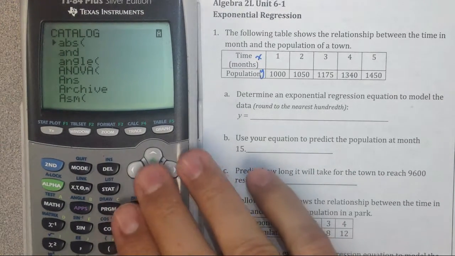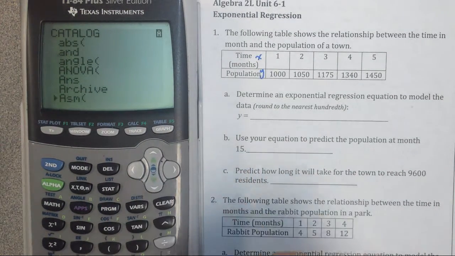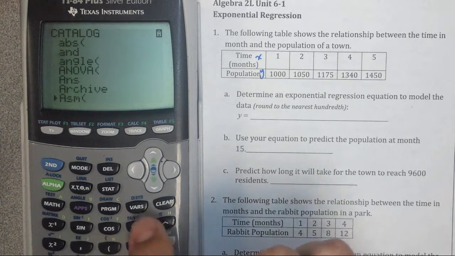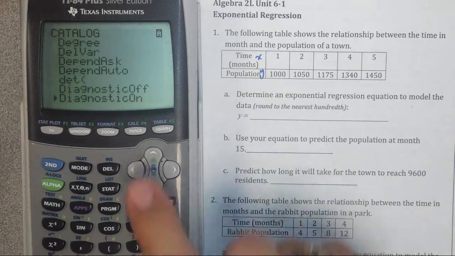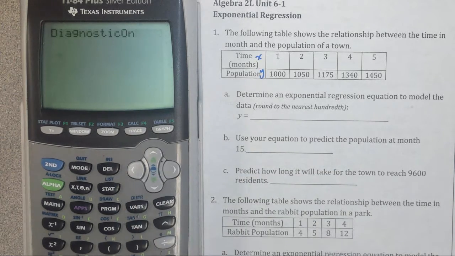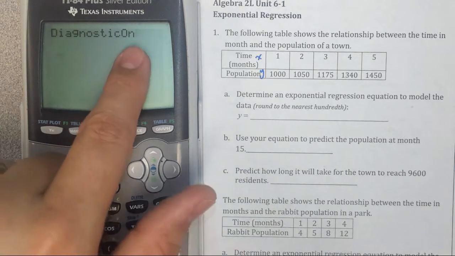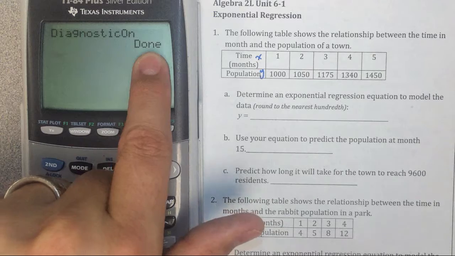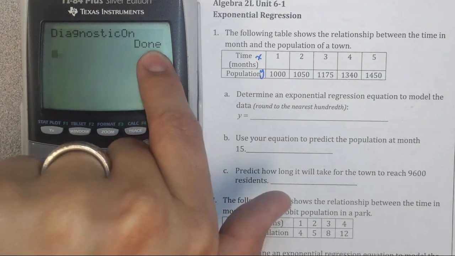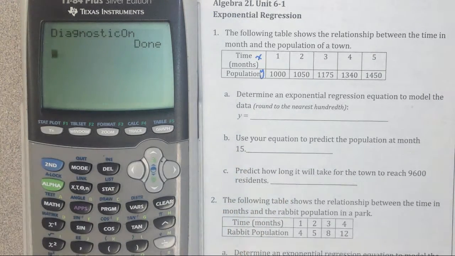From there, go down to where it says diagnostic on. Enter. You have not done anything until you press enter again and it says done. If it does not say done, you did not do anything.